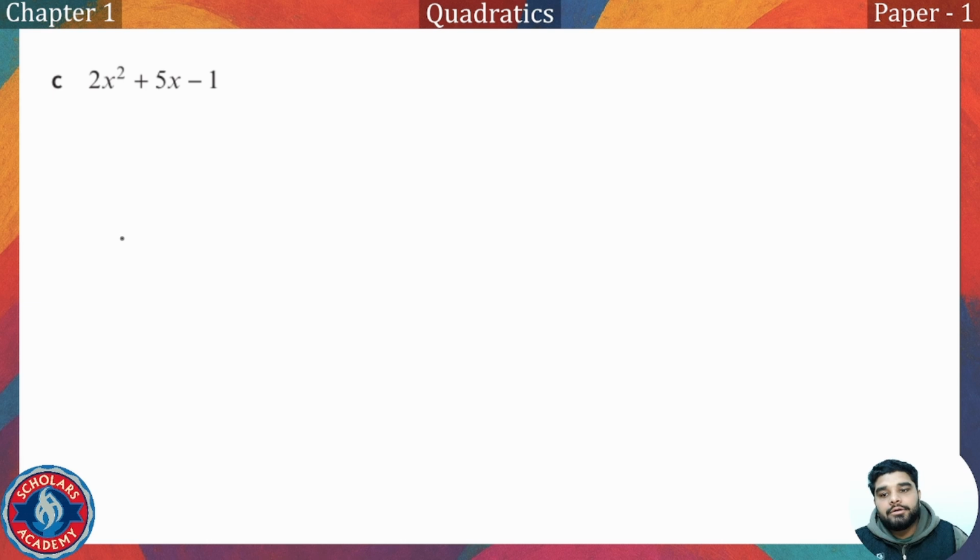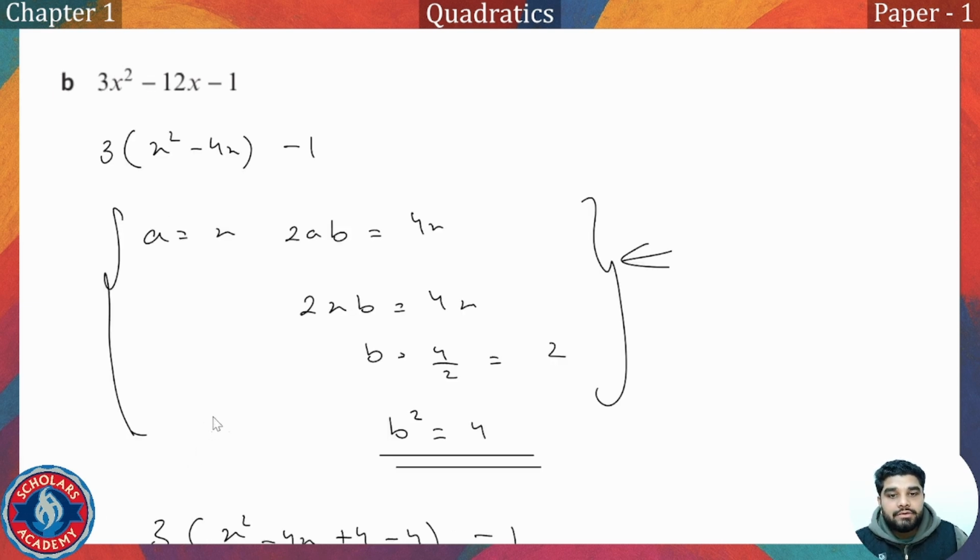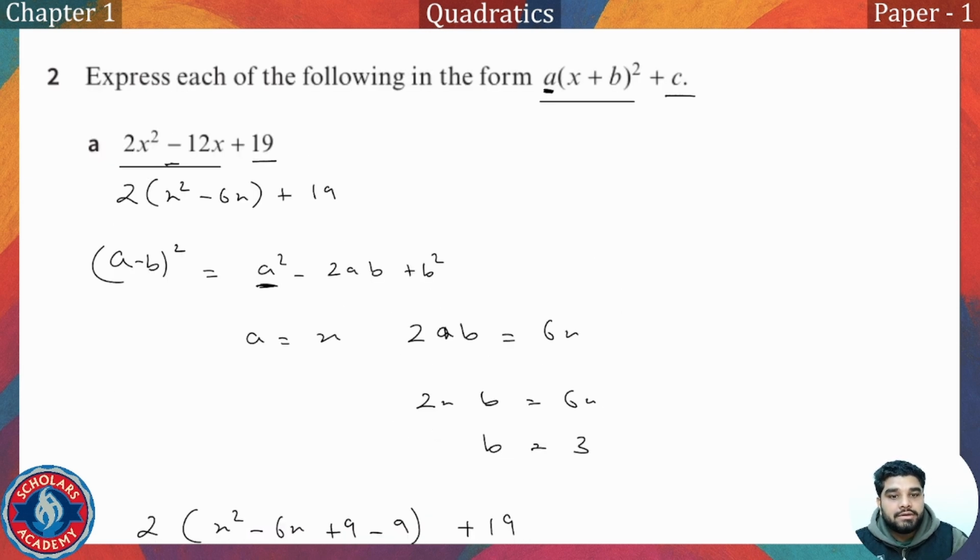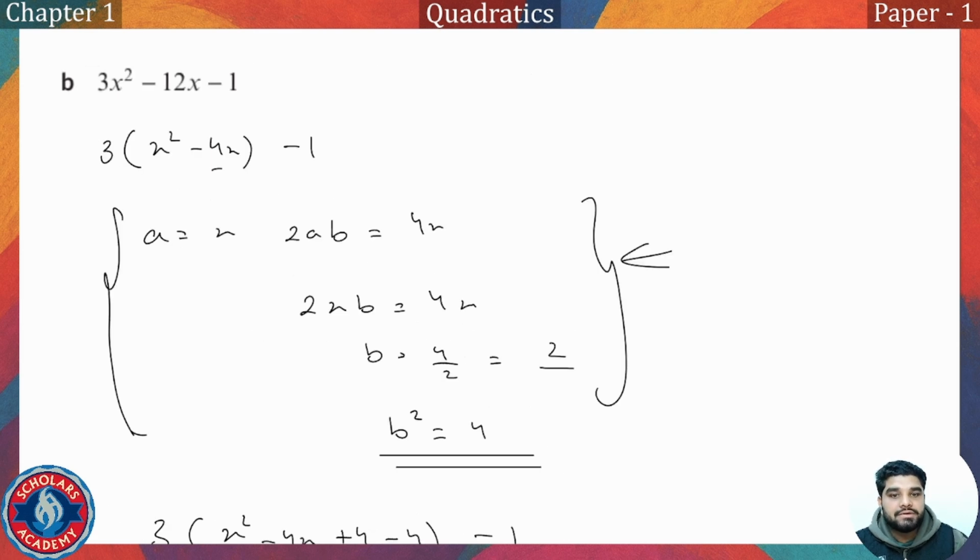So if we observe, mostly what we are doing is, if we find b, that is actually half of 2ab. So b is 2. If we see the previous question, b is half of 6.